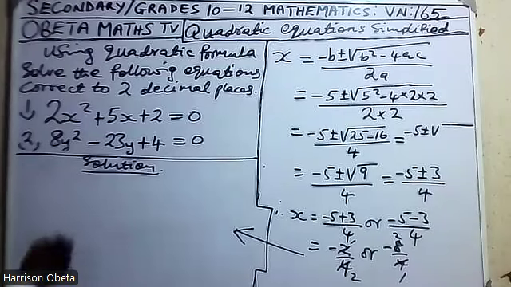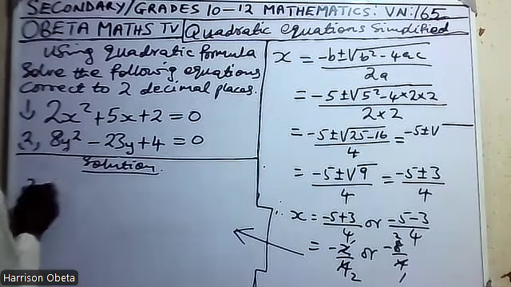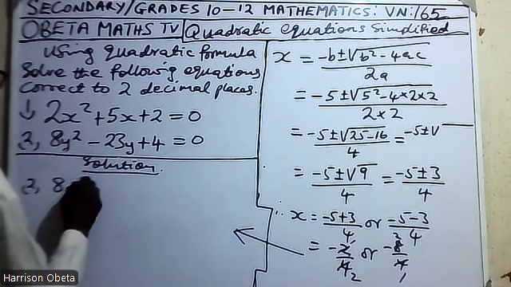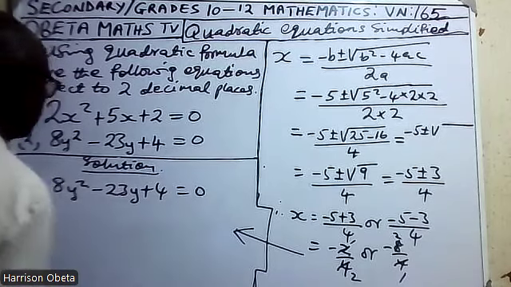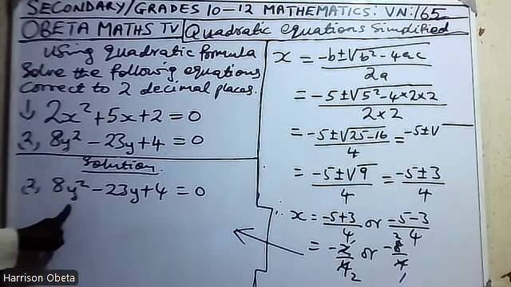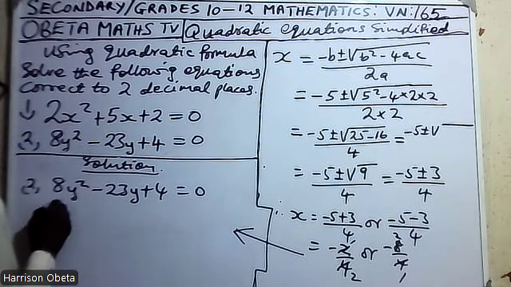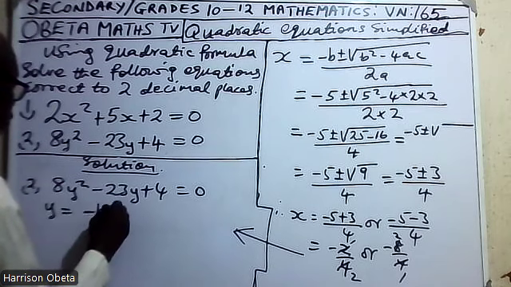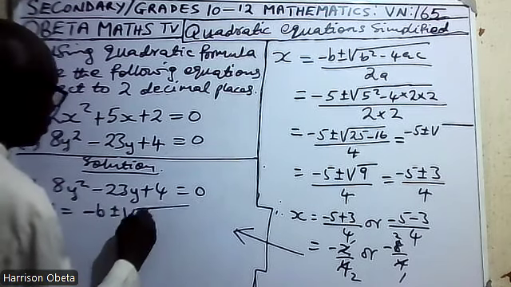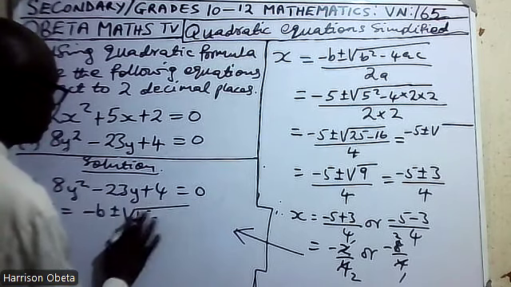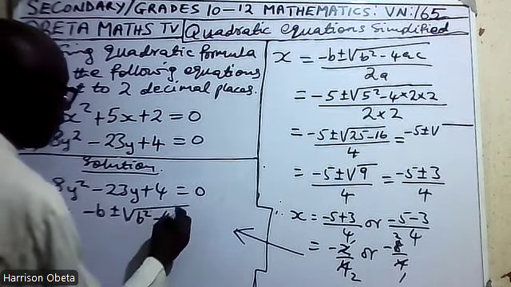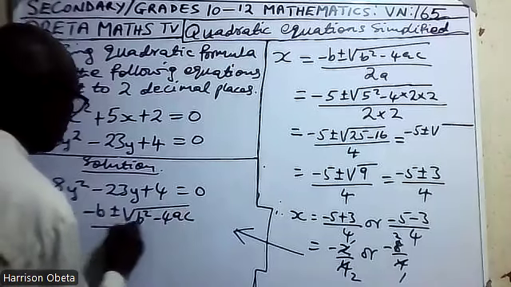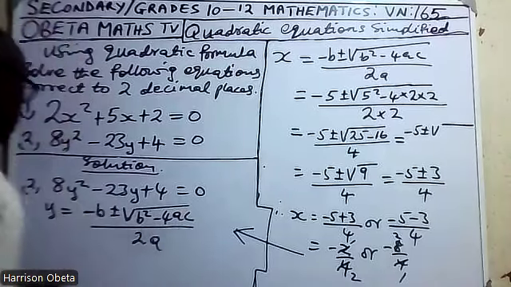Now, question number 2, we have 8y squared minus 23y plus 4 equal to 0. Now, in this case, y is taking the position of x. And that means we are now talking of y equal to minus b plus or minus square root of b squared minus 4ac all over 2a.